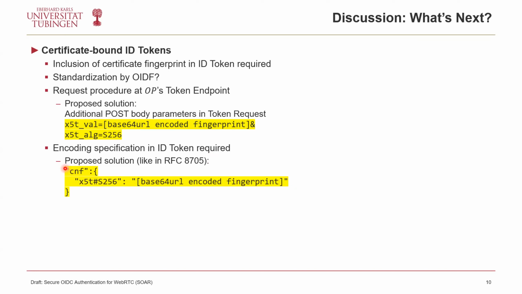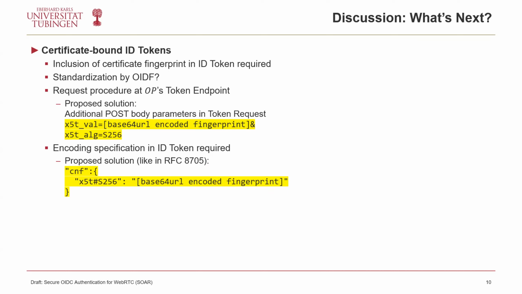We add a confirmation claim, which includes the X509 thumbprint, as in this case, SHA-256 encoded as a SHA-256 hash. And then we put the base64url encoded fingerprint here.